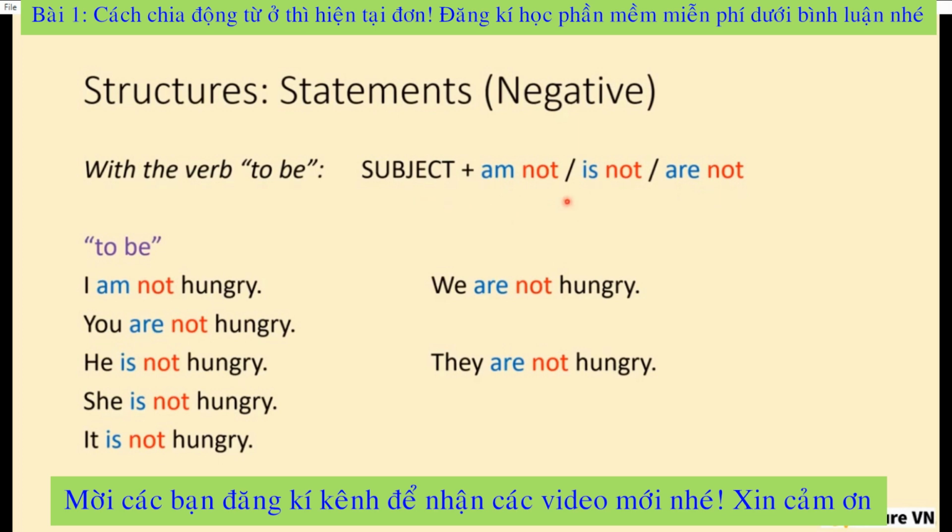So we don't need a helping verb here. For example, to be, we would say, I am not hungry, you are not hungry, he is not hungry, she is not hungry, it is not hungry, we are not hungry, they are not hungry. So notice we're using am, is, are as a verb 1 form followed by not. And that's how we make negative statements with the verb to be.